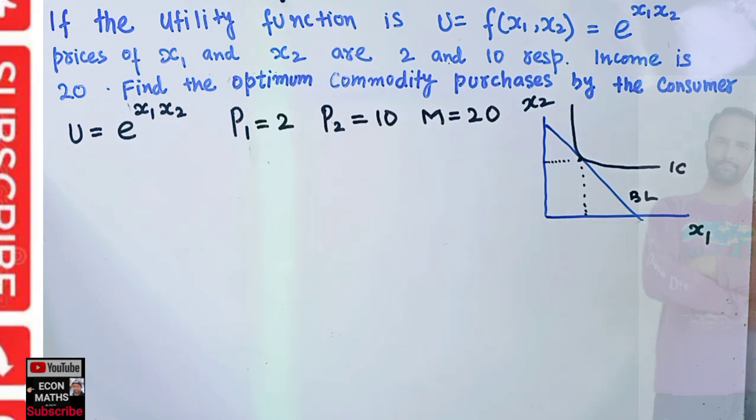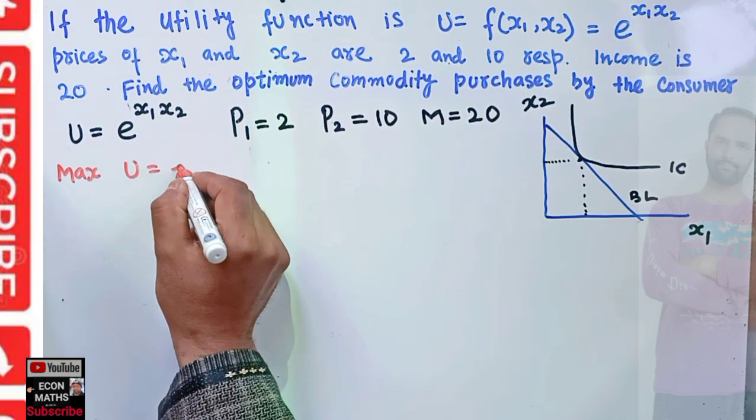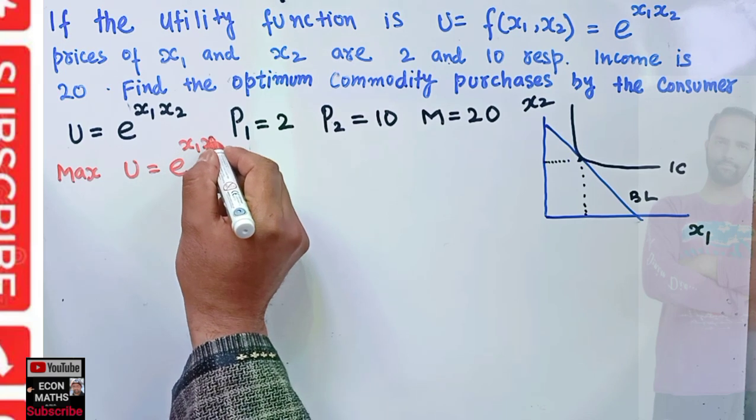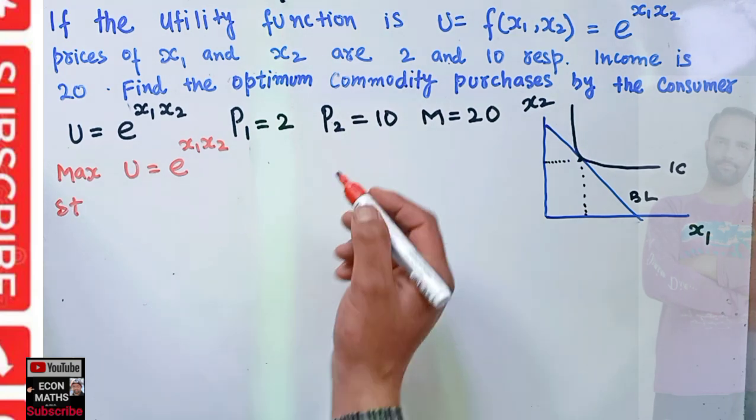So our question reduces to this: we want to maximize our utility function u equal to e to the power x1 times x2, subject to the budget constraint. What is the budget constraint?